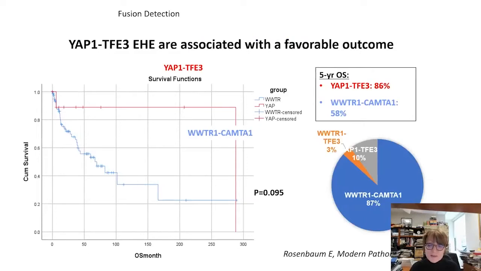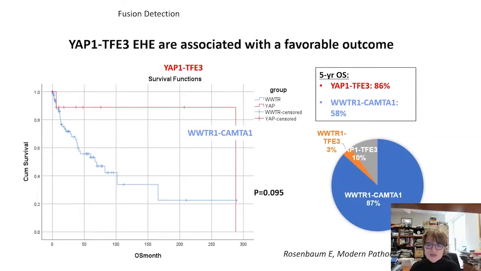But second, the fusion type is also important for prognosis, and as we have shown in a recent study published in Modern Pathology, as well as an even more recent study from Brian Rubin's group, the EHE with the YAP1-TFE3 fusion seems to have a more indolent outcome, despite the fact that some patients may present with multifocal or even metastatic disease.